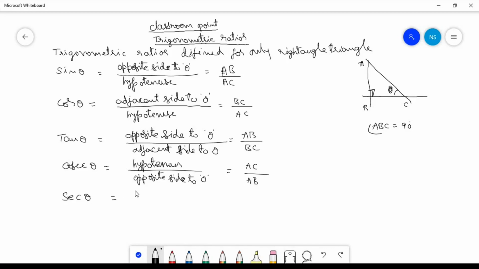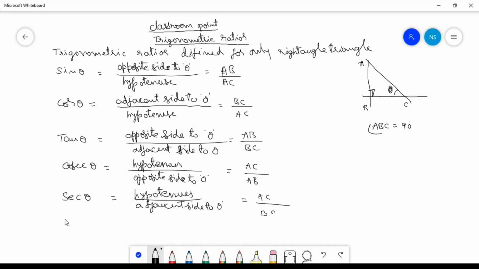Secant theta is equal to hypotenuse by adjacent side to theta, that is equal to AC by BC.